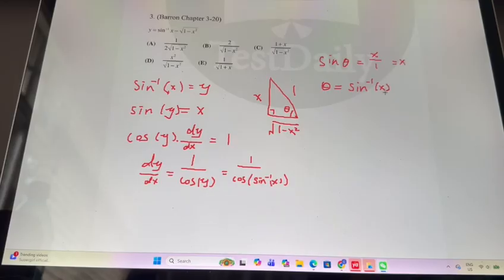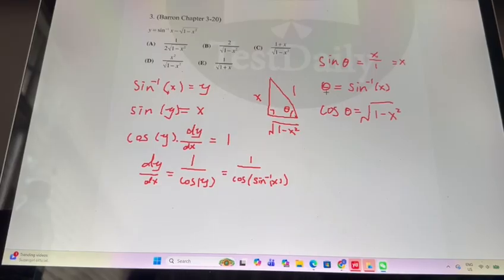So sine inverse x equals theta. And then cosine theta equals adjacent over hypotenuse, so this over this, which gives us square root of 1 minus x squared.